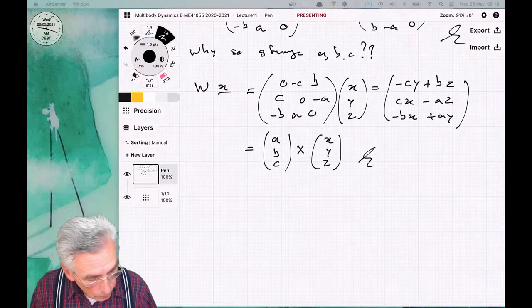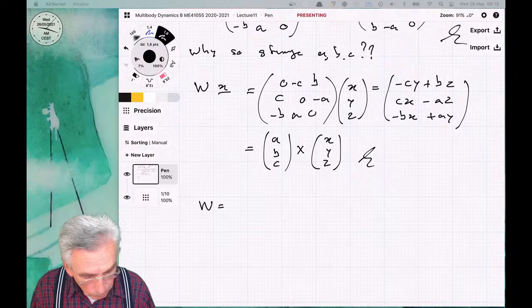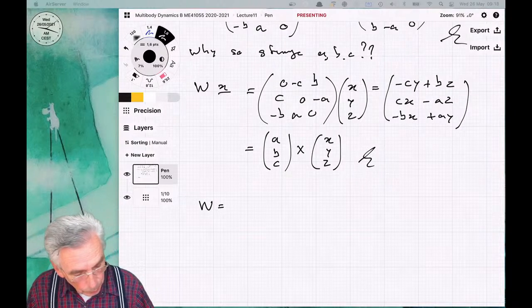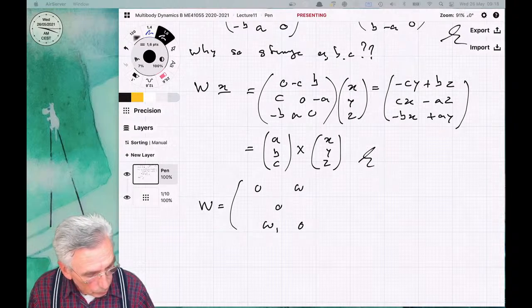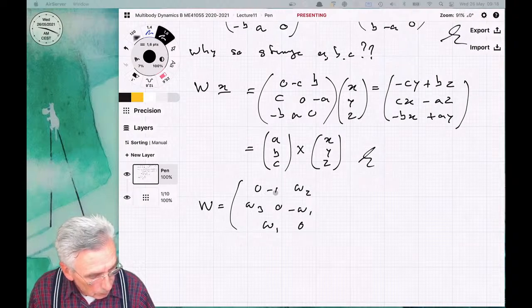Now if we define our matrix W as such, and we call this 0, 0, 0, we call this omega 1, omega 2, omega 3, and then here these guys.